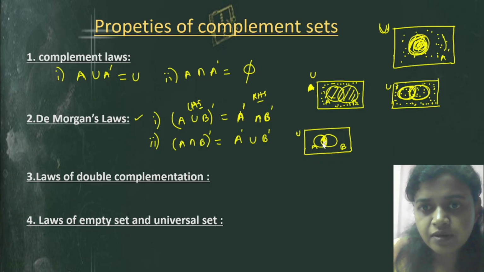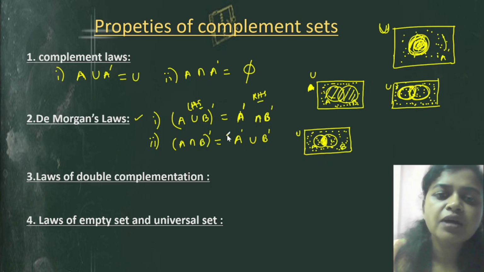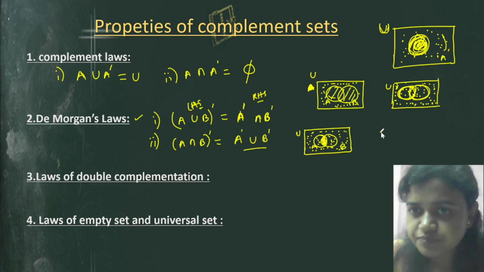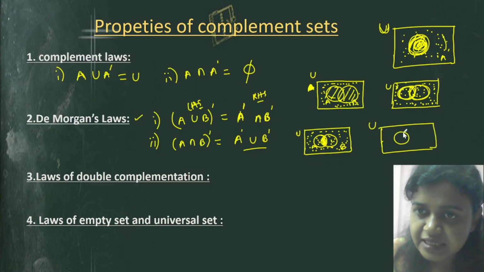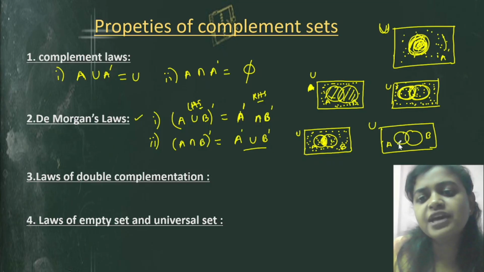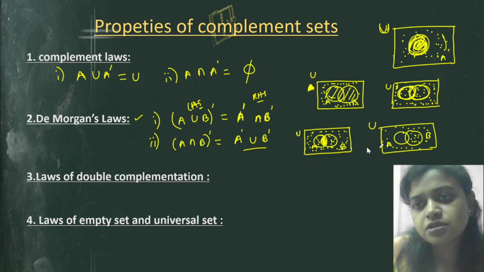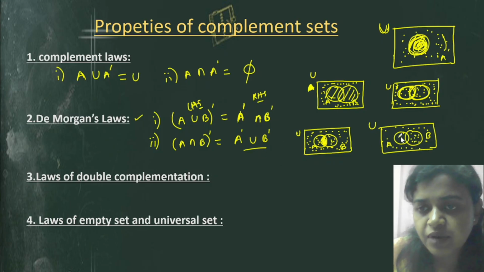Okay. So now we have to find the complement. Complement means what? This one, the outermost portion of U, the remaining portion of U. This is the complement portion. Now for the RHS, this is U, the universal set, and this is A, and this is B. So A complement means removing the portion of A, and the outermost portion is A complement, and B complement means what?